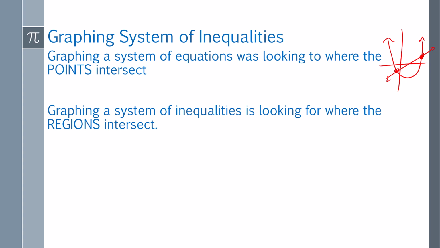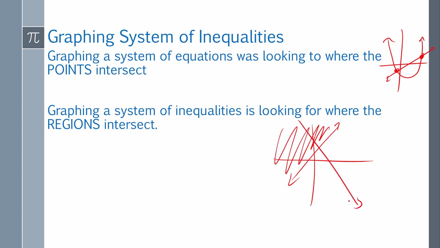But when we have a system of inequalities, you're going to have a graph with some regions shaded, and then another graph with another region shaded, and your solution is going to be where those regions intersected or overlapped.